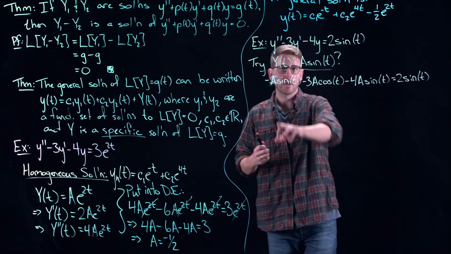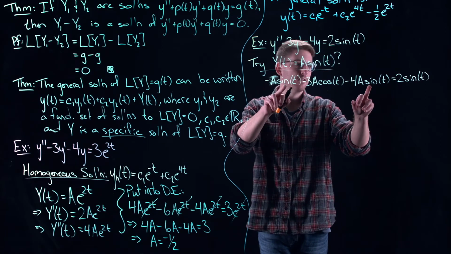Well, let's take a look at this. I have minus 5a sine of t.